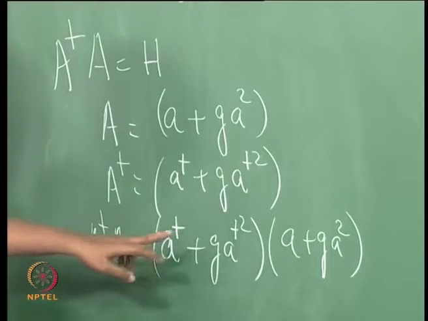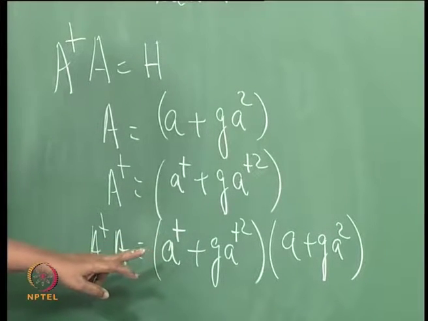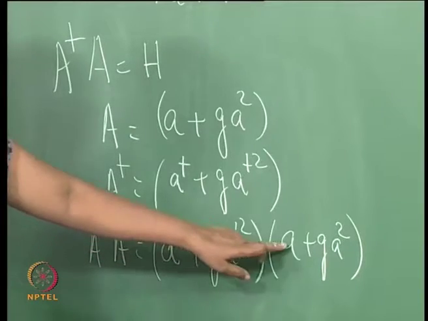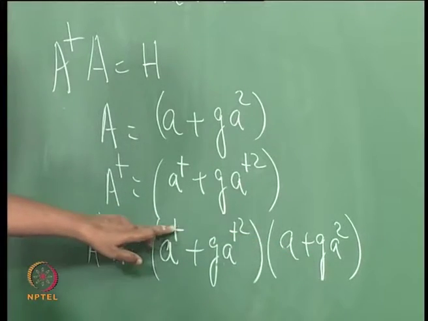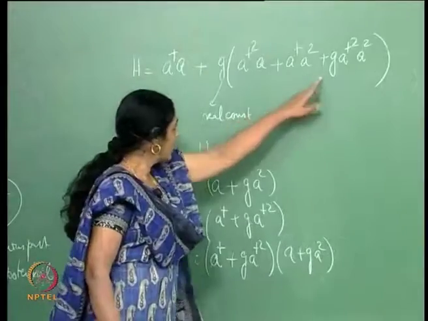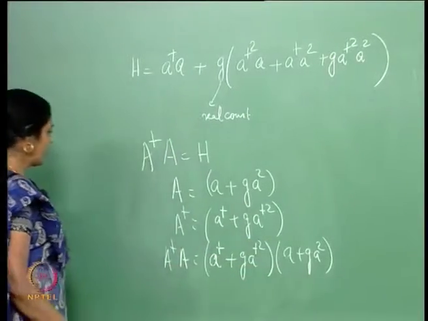Keep the order the same because a and a dagger do not commute with each other. So, the first term is a dagger a, and then you have a G a dagger squared a plus G a dagger a squared plus G squared, that is the G squared a dagger squared a squared.